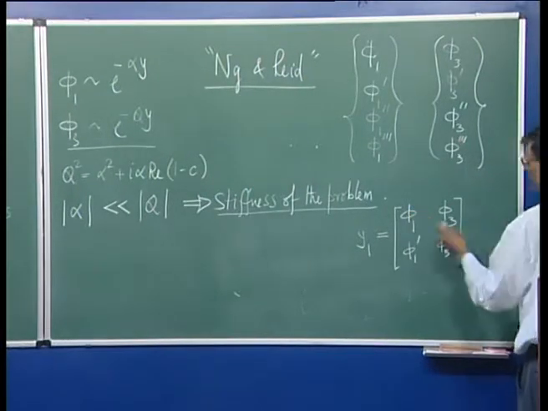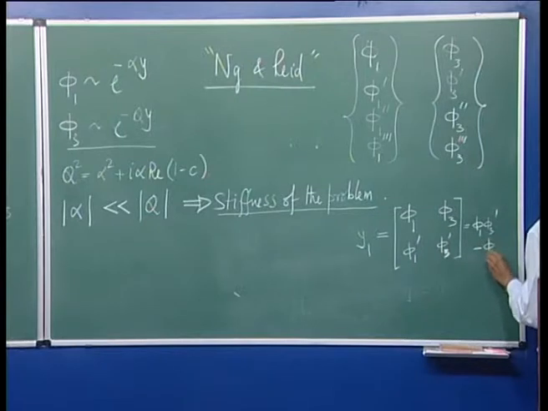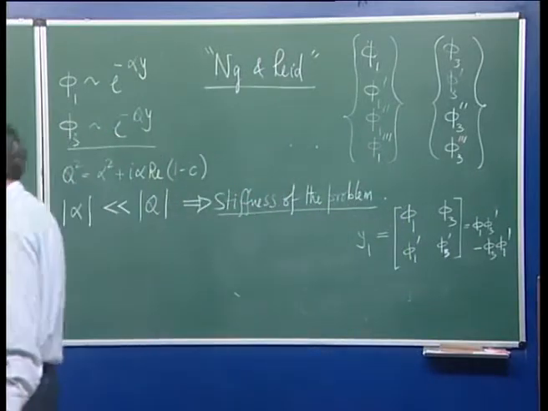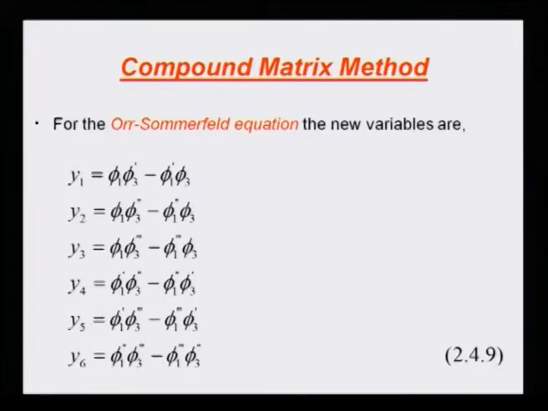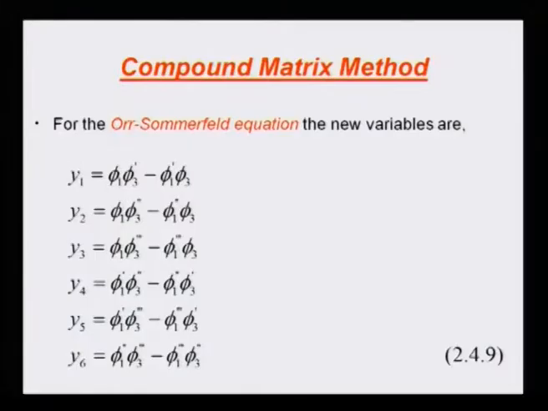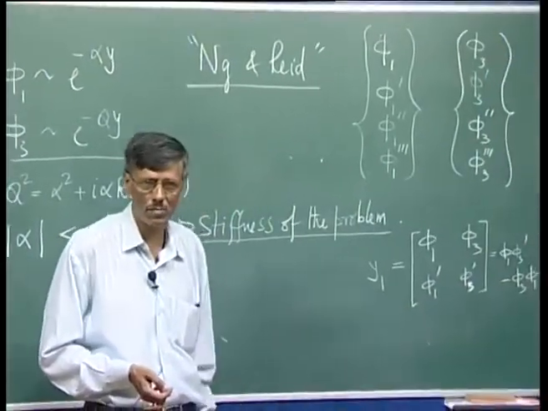So, this becomes phi 1, phi 3 prime minus phi 3, phi 1 prime. So, there you have it. Now, you can see that if you go outside the shear layer, where phi 1 and phi 3 go like this, what happens to phi 1 times phi 3 prime?